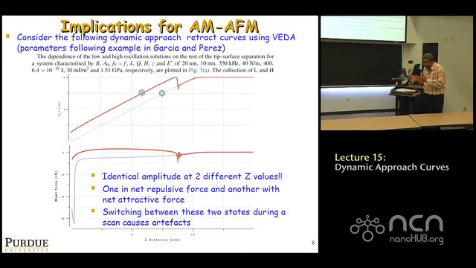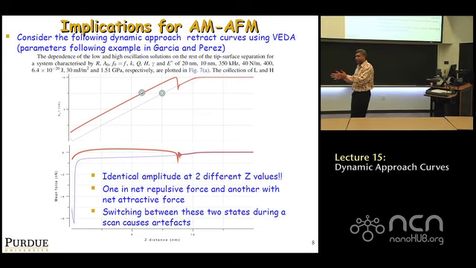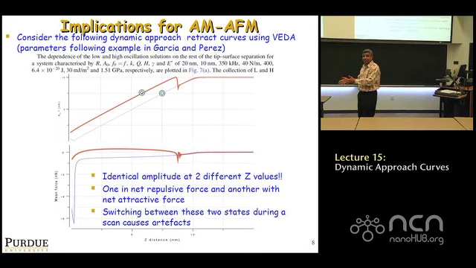So it's going along happily maintaining a constant amplitude. It hits an object, it gets perturbed, it doesn't know where to go, and it says, oh, that's the amplitude I need to go to, goes back to that amplitude, and lo and behold, it's not the same state of oscillation as it was before, even though it's the same amplitude. It's moved from either a net repulsive to a net attractive state, right? And if this happens during a scan, then you have very important artifacts that emerge out of it, okay?